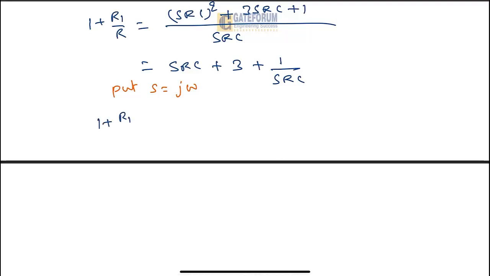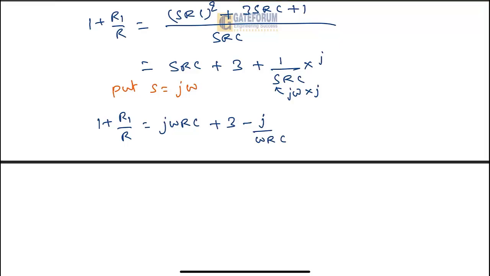1 plus R1 divided by R is equal to J omega RC plus 3, and for the third term, if we substitute J omega and multiply the numerator and denominator by J, as we know J square is equal to minus 1, this can be written as 3 minus J divided by omega RC.